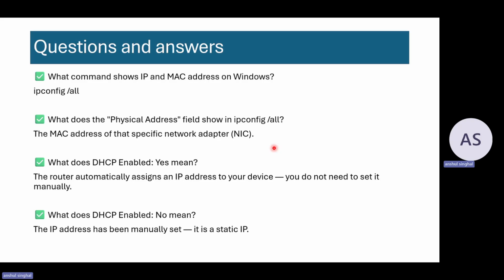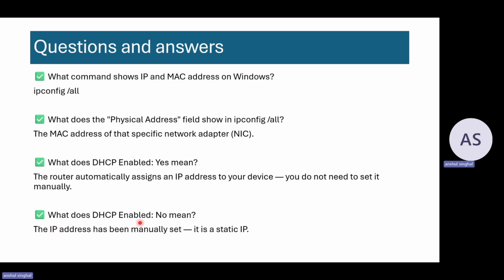Whenever the laptop is booting up and it detects that there is a network interface card of Wi-Fi or Ethernet connected to the network, that process starts. So if DHCP enabled is yes, it means that the router is going to assign an IP address to this device.